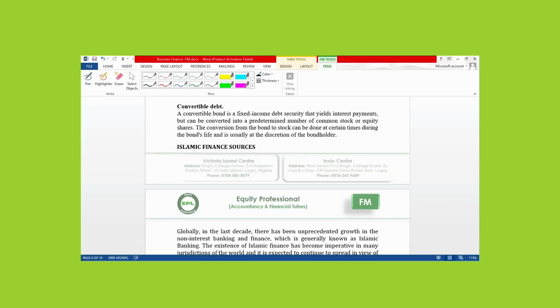So what is Islamic finance? How is it different from conventional financing? Islamic finance is a finance that is based on the principle of Islamic law, lending and borrowing to finance your business based on Islamic perspective. Under the Islamic law, interest is prohibited.